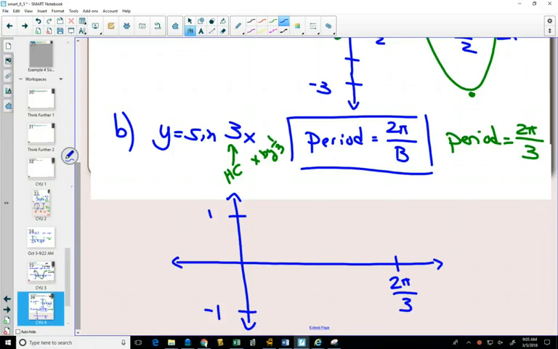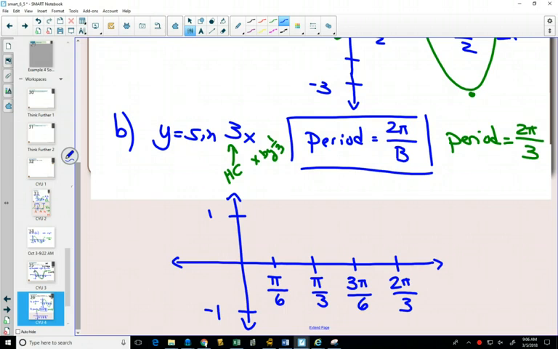And we're going to still divide this into 4 equal sections. So half of 2 pi over 3 is pi over 3. Half of pi over 3 is pi over 6. And once you get this first one, you can count 1 pi over 6, 2 pi over 6. This will be 3 pi over 6. You could reduce that and write pi over 2 if you wanted to, or you can leave it as 3 pi over 6.